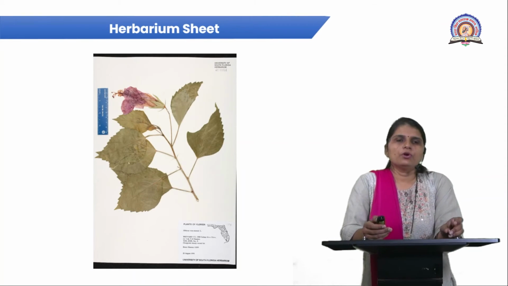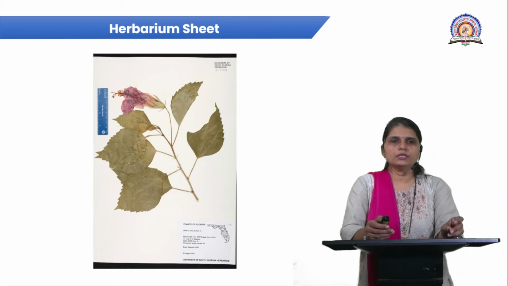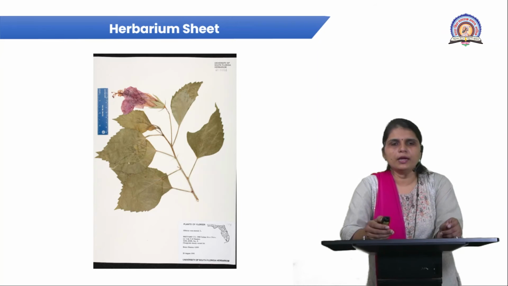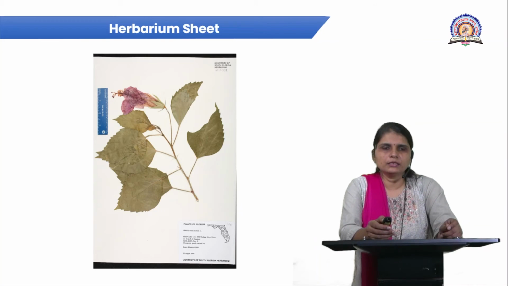See this picture of a herbarium. It is the plant Hibiscus rosa sinensis. The botanical name of the plant is Hibiscus rosa sinensis. Then you label this plant one by one. Plant name is Hibiscus rosa sinensis, the botanical name. Then the family of the plant, that is the Malvaceae family.